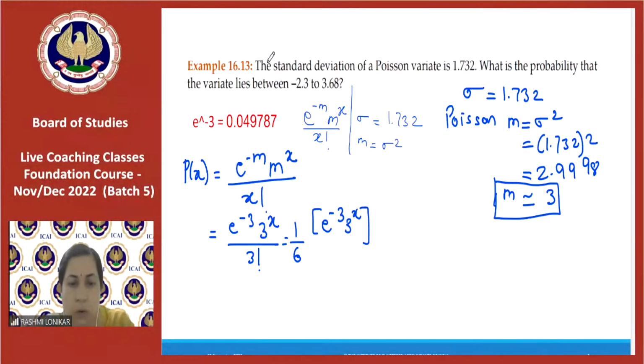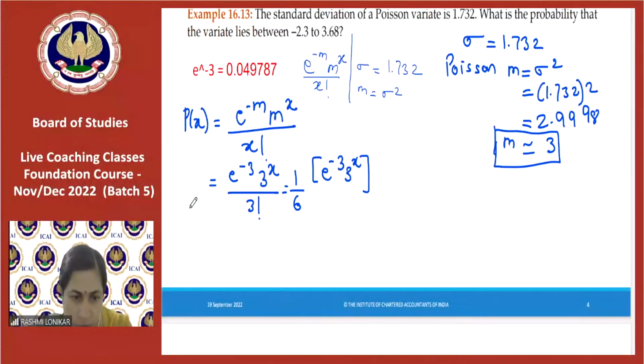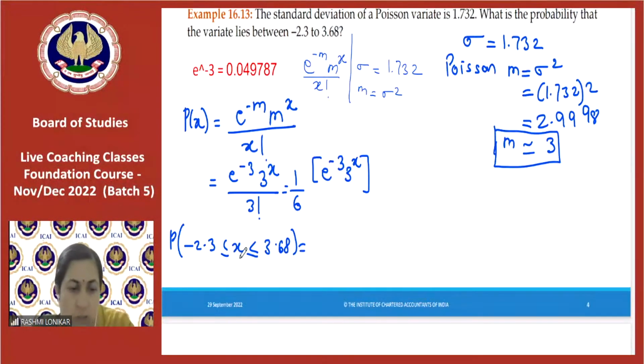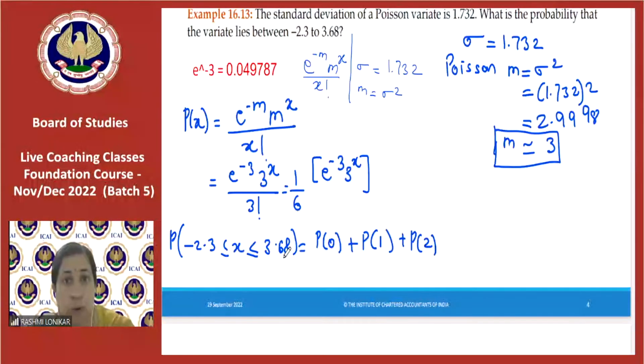Now they are saying that the variate will lie between minus 2.3 and 3.68. So P of minus 2.3 less than or equal to x less than or equal to 3.68. What does this mean? Because we already know that x cannot be negative, x can be 0, 1, 2, 3, 4. So this will be equal to P of 0 plus P of 1 plus P of 2, plus, since this is 3.68, I can also take P of 3.